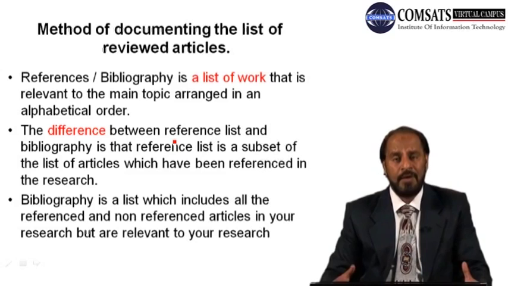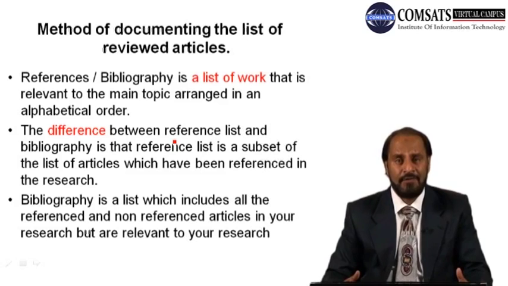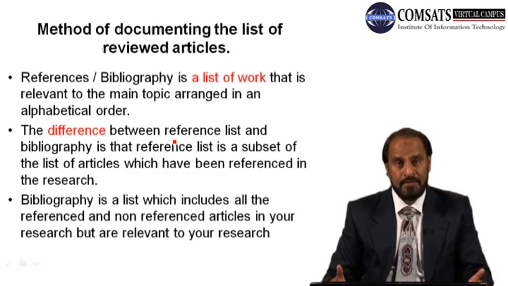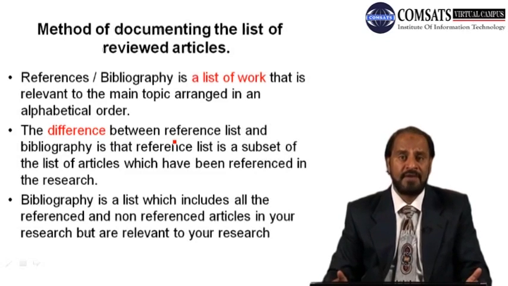So the bibliography is a larger list, whereas the reference list is a subset of the bibliography, whereby the reference list only lists those articles, those researchers whose work has been cited in your research article or in your literature review. Anywhere in the research, if you have cited some authors, then you can place those authors in your reference list, whereas the bibliographic list can have both kinds of authors, people whose work has been cited or not cited but are relevant.